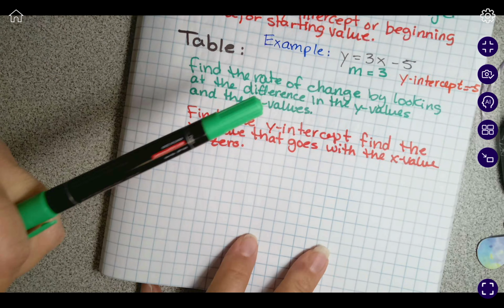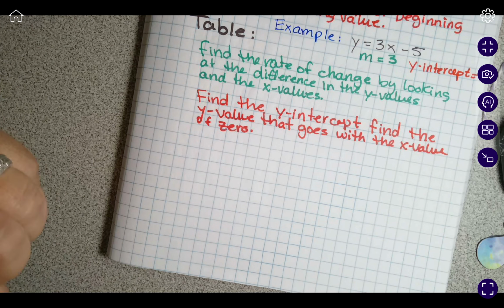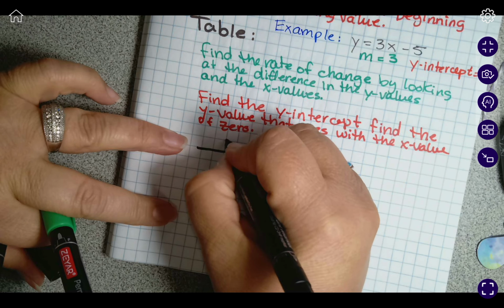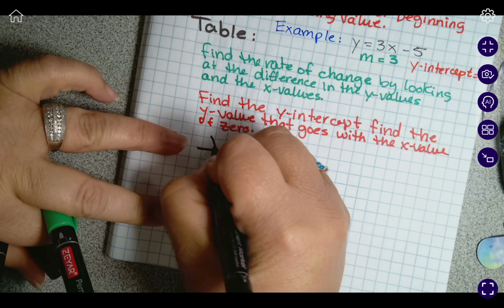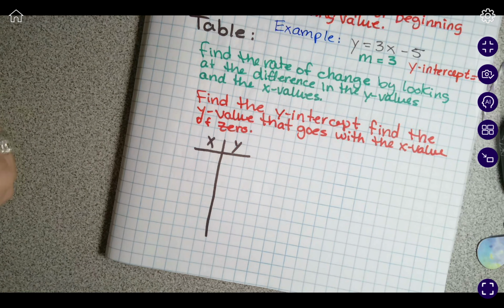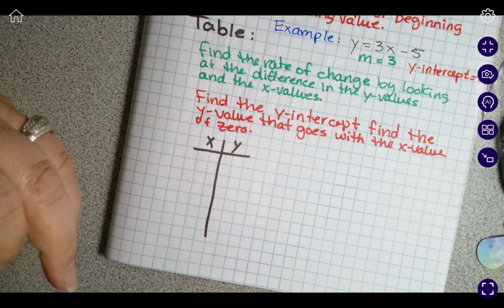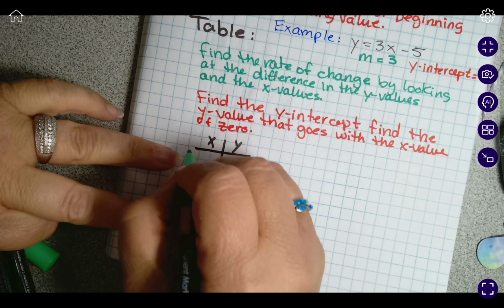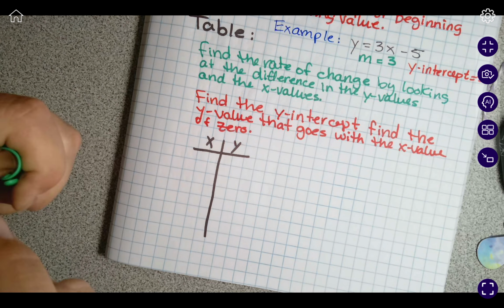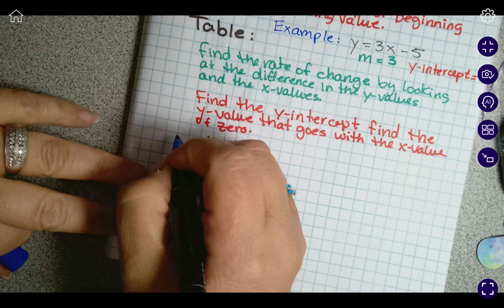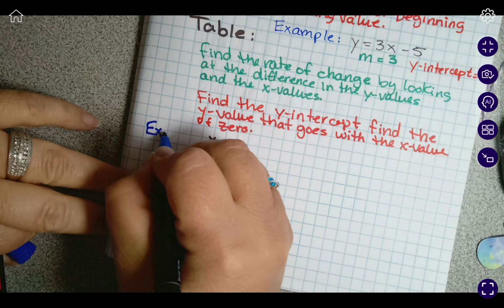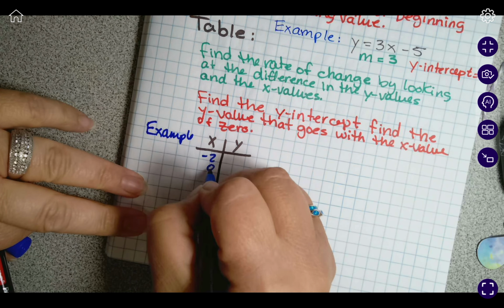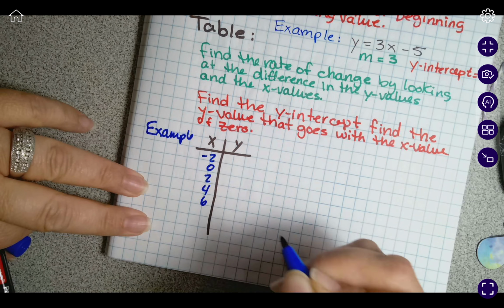Okay, so let's do the table now. Let's say this is -2, 0, 2, 4, 6.